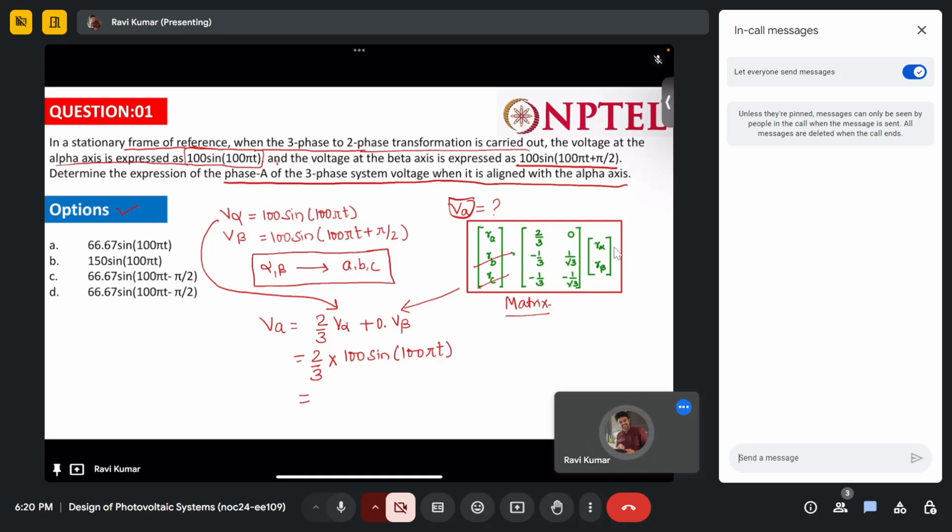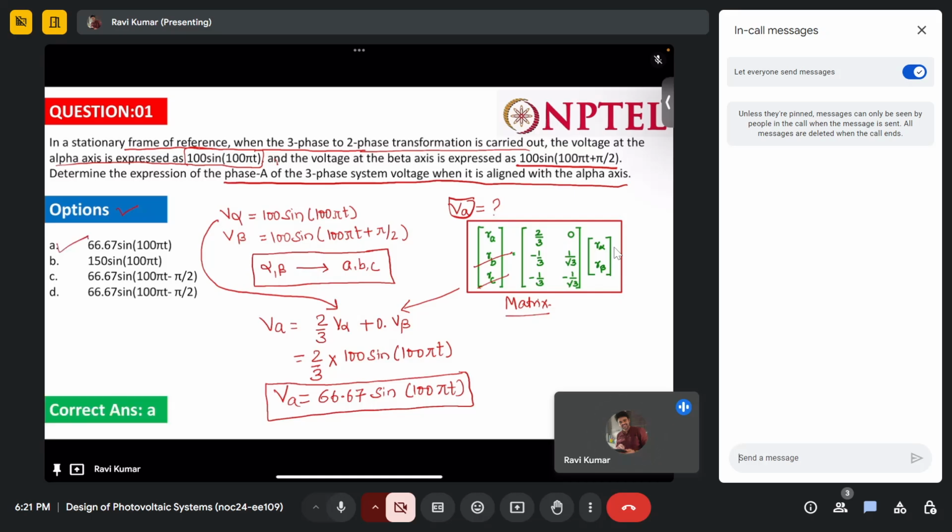So it is 66.67 sine 100 pi t, and it matches with option A. So here the correct answer is option A.